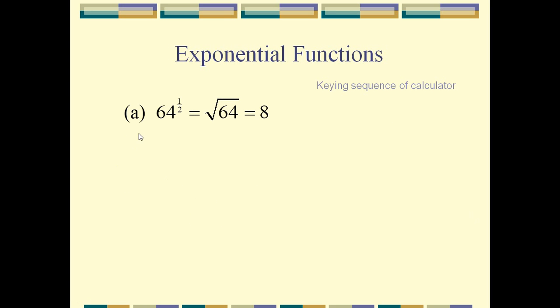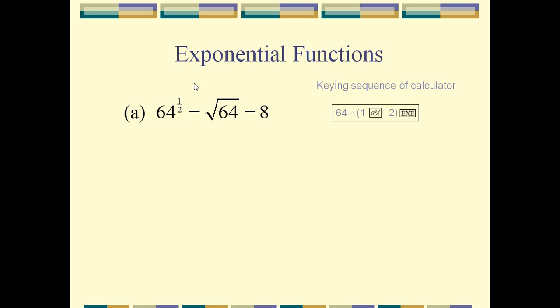The first one, 64 to the power 1 over 2, is just the square root of 64. You can use the key sequence by pressing 64, the power key, and then using a bracket to make the expression 1 over 2 by using the key sequence 1 ABC 2, close the bracket and press execute.